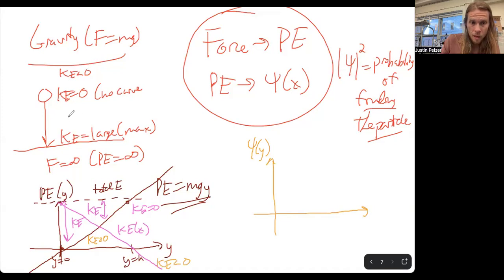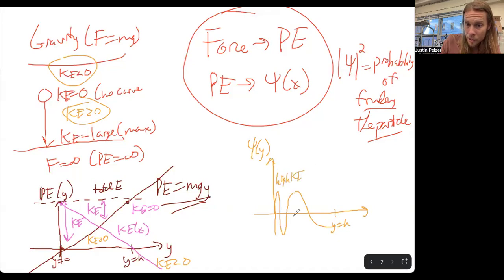So where is it large? It's large at 0, right? So I have a large curvature here, and this is y equals h. The curvature kind of widens out dramatically like that. It starts to get really wide and then narrow. So here it's high kinetic energy and oscillating.